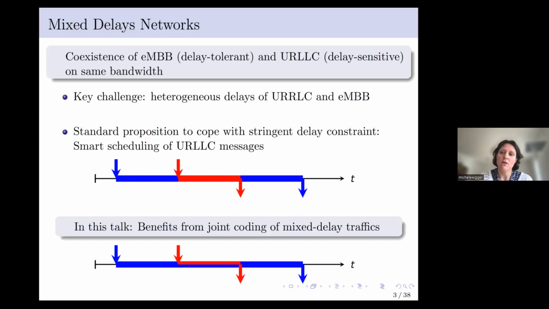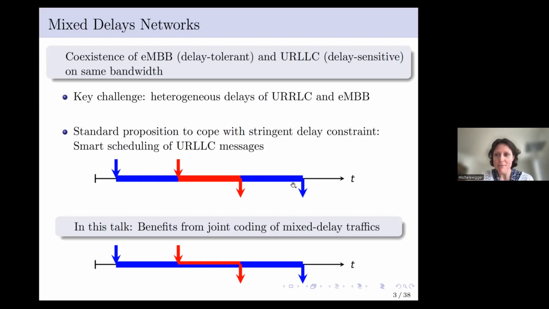Then we have an arrival of delay sensitive URLLC message. We might at some point, maybe not immediately but pretty soon, interrupt the delay tolerant communication, transmit the delay sensitive information, decode it, and resume the delay tolerant communication. So this is a scheduling approach.